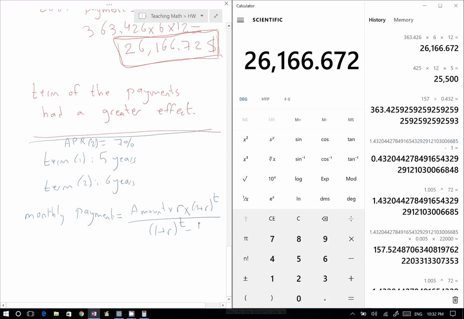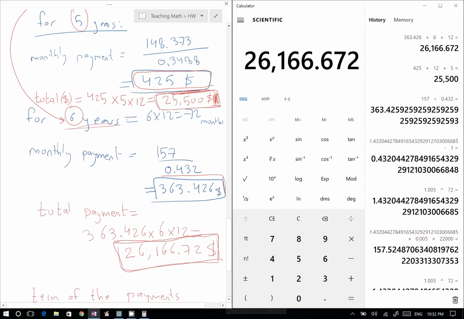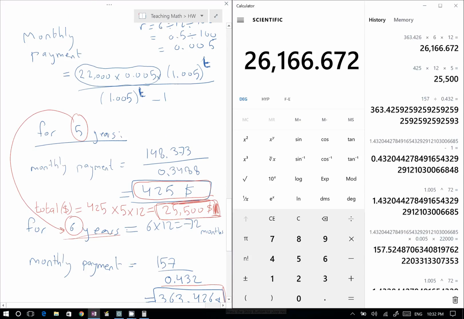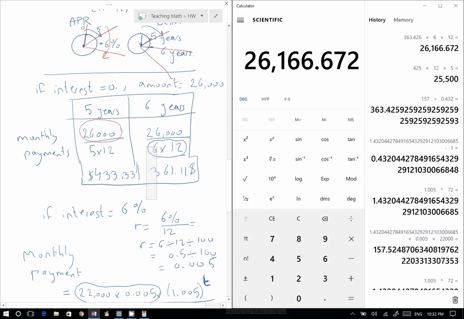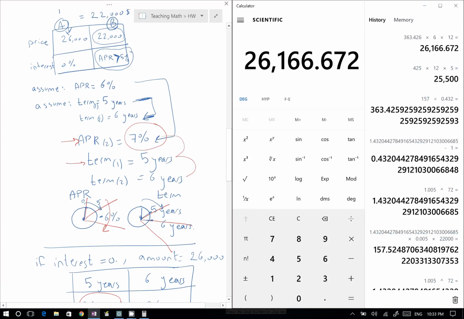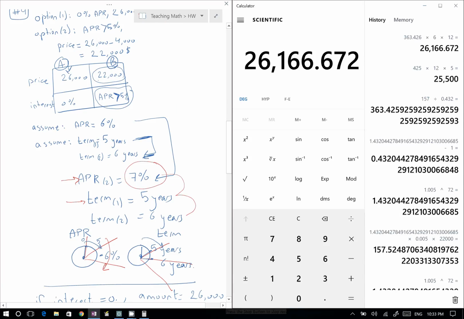The amount is 22,000. Oops, I hope that amount is 22,000. Because remember, if we go with the payment, we're exploring this.